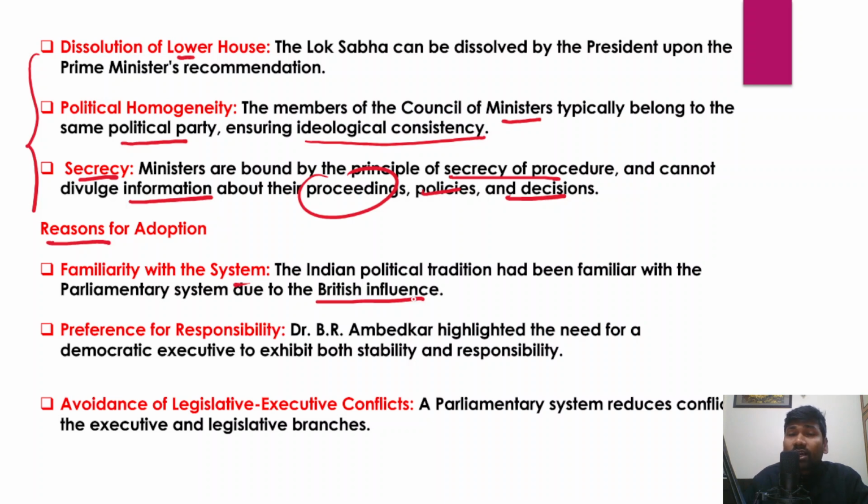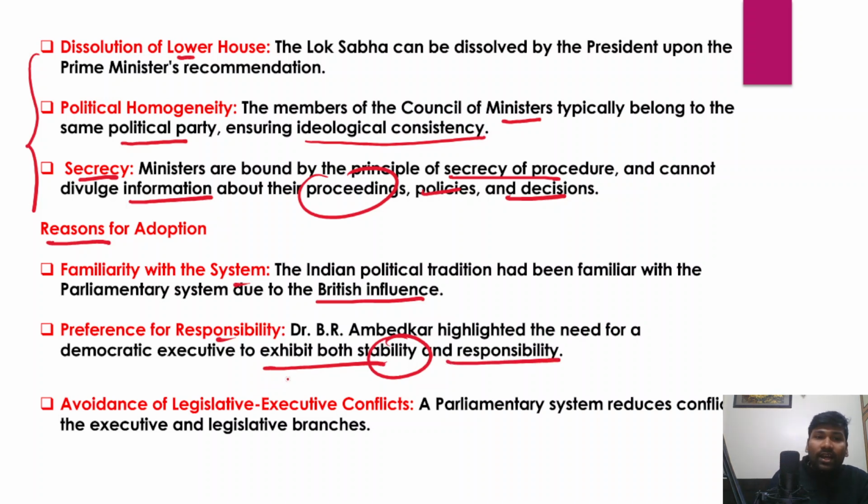And Dr. B.R. Ambedkar played a very crucial role in framing the Indian constitution, and he preferred the responsibility of the Council of Ministers to the lower house. In the presidential form of government, it is generally absent. Dr. B.R. Ambedkar rightly highlighted the need and importance of a democratic executive to exhibit both stability and responsibility, right?